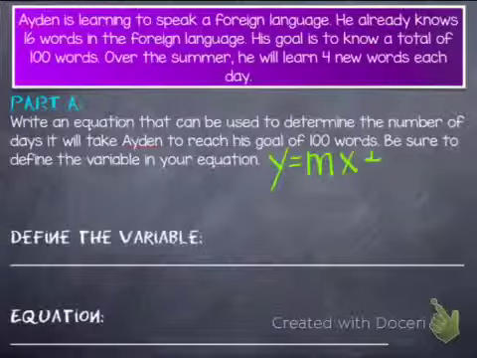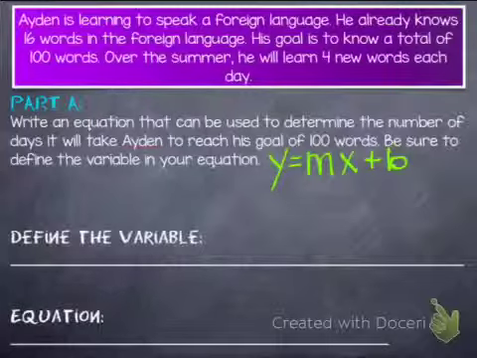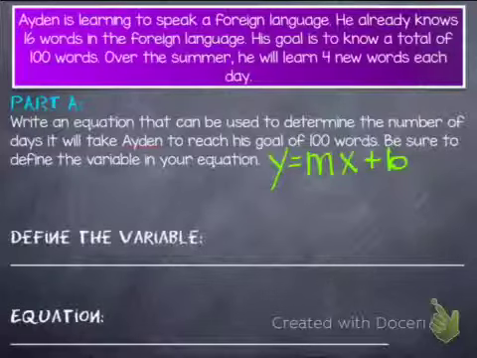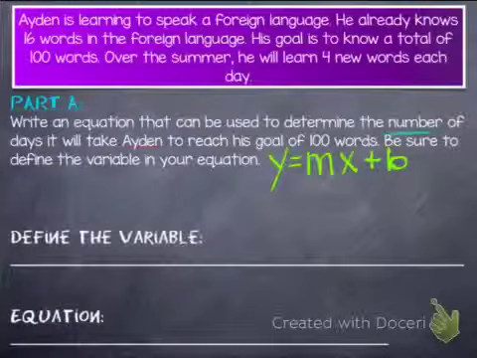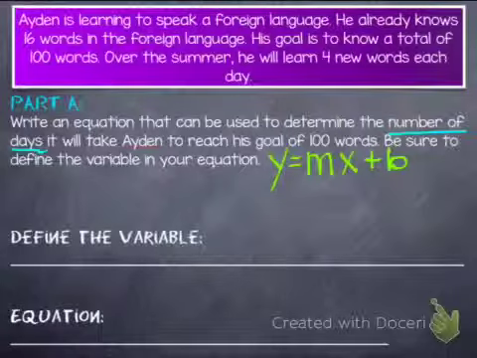So if we were to, wow, that b is horrible. If we were to kind of pull out pieces of information, we can kind of pair these up with different colors. So the number of days to reach his goal is one of our variables.